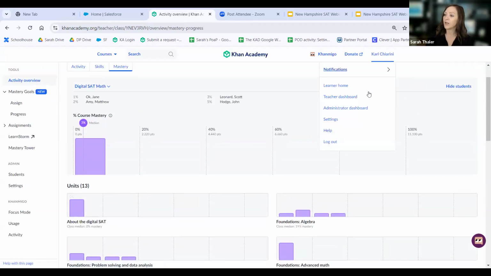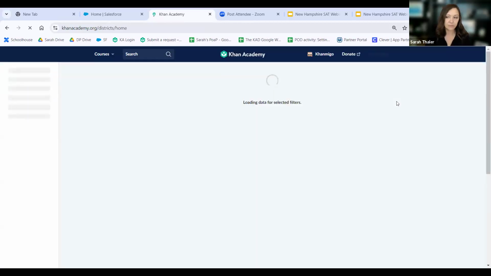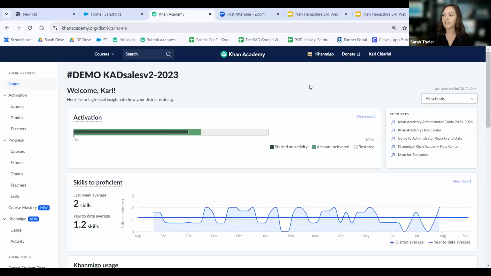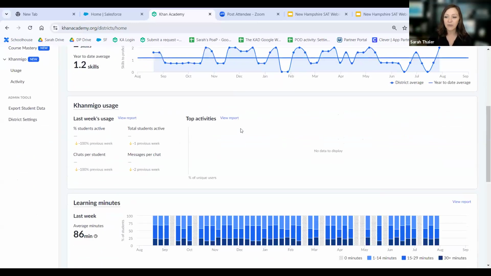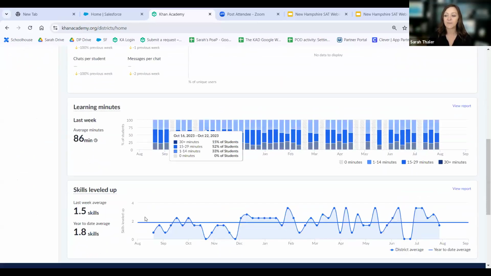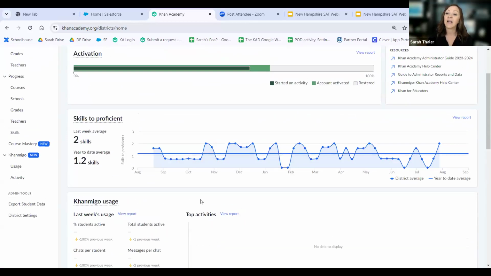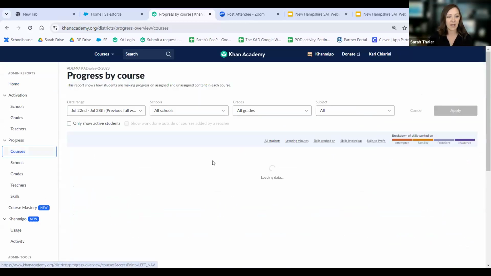If I go quickly over to the administrator dashboard, this will look a little bit different. Again, the administrator dashboard is only available for the district partnerships, but the administrator will have a chance to see in general how their school is doing on skills, average skills to proficient, Khanmigo usage, learning minutes, and skills leveled up. I can also, as an administrator, really drill down into those courses.